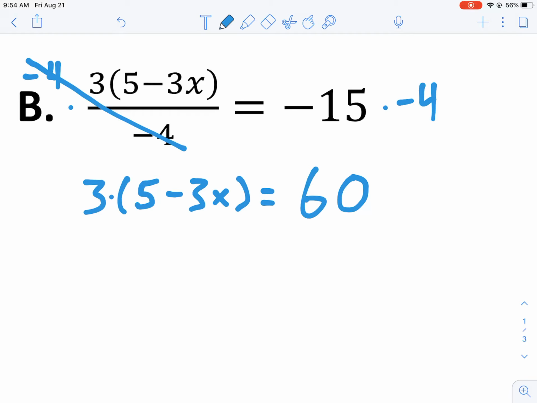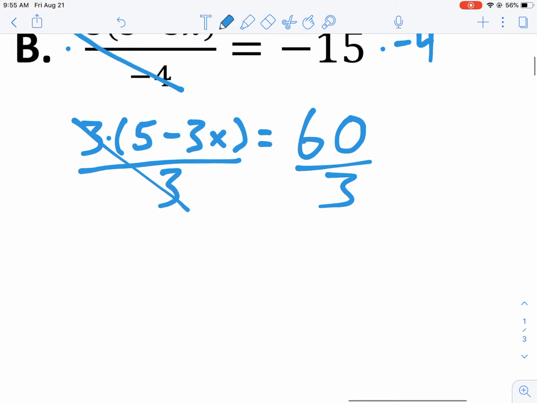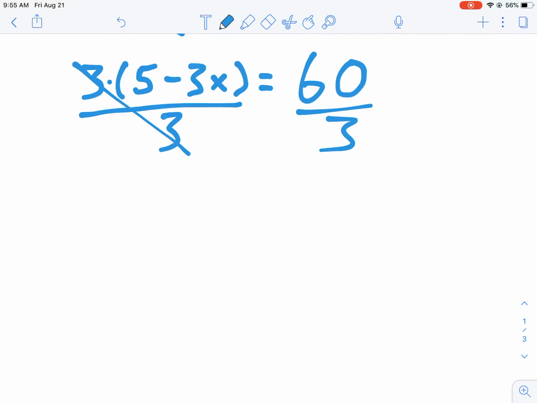And the way to undo multiplication is with division. So you could divide by 3. So instead of having to multiply that, you're basically just getting rid of that factor of 3, and then you are making your numbers smaller. So these 3's cancel out, so we have 5 minus 3x equals 20.